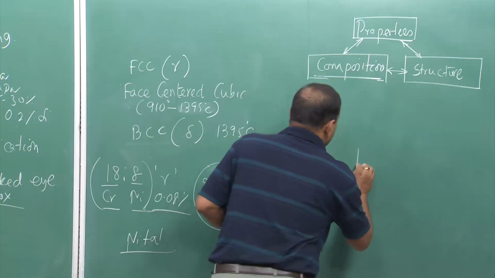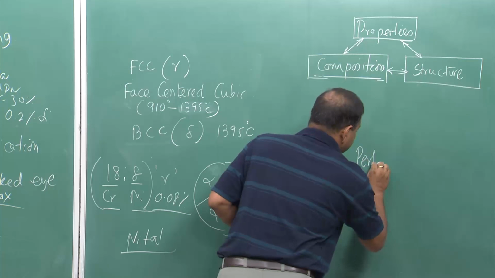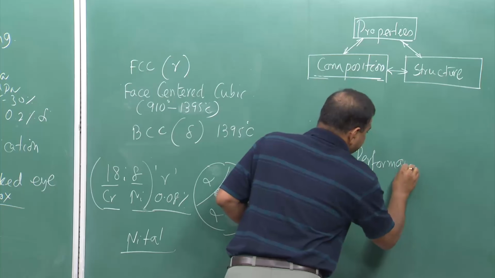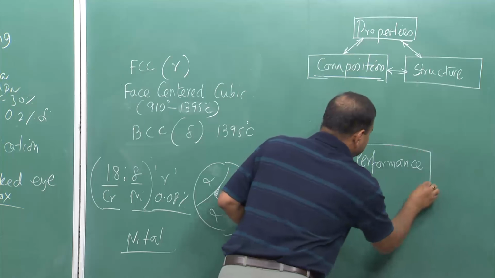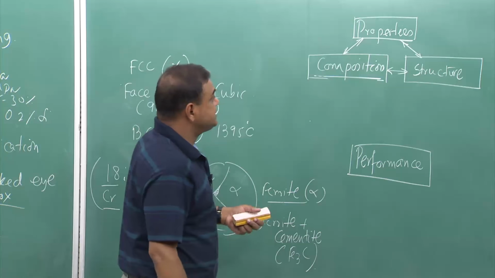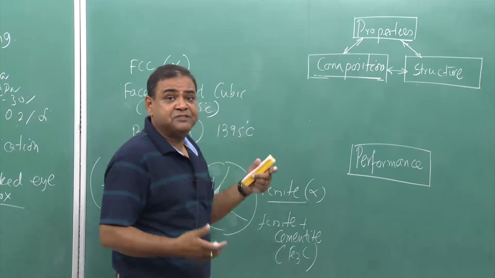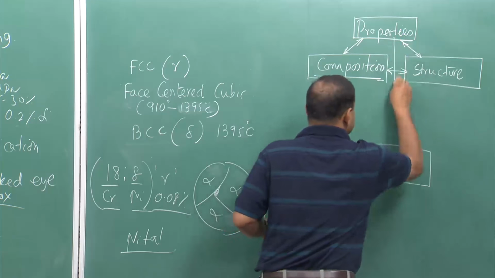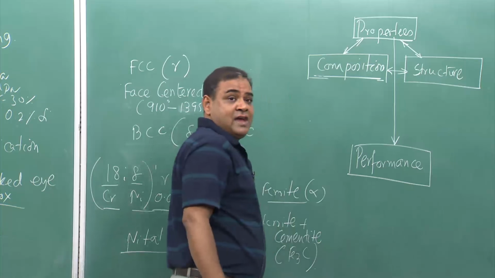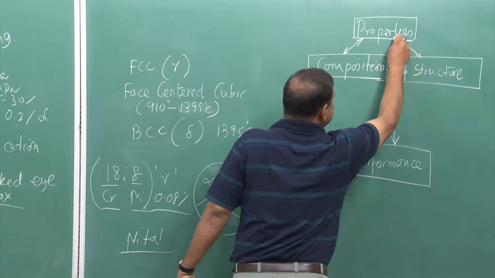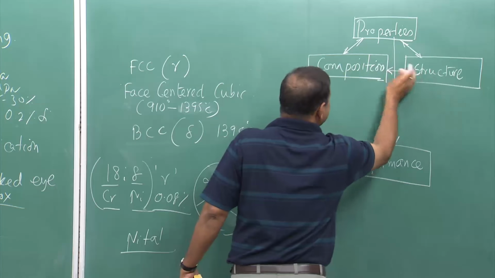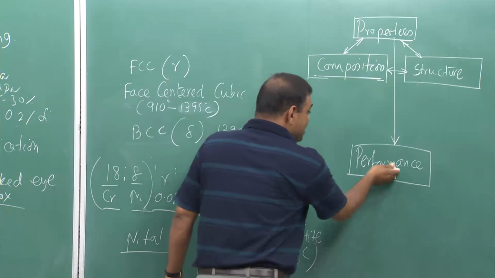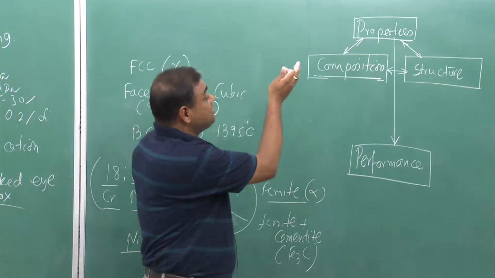So, we have performance which is also related to the properties. That means, finally, the performance is given by what? The properties. So, the properties give the performance, and the properties are related to structure and composition, and in order to get a particular performance, we need a particular property.